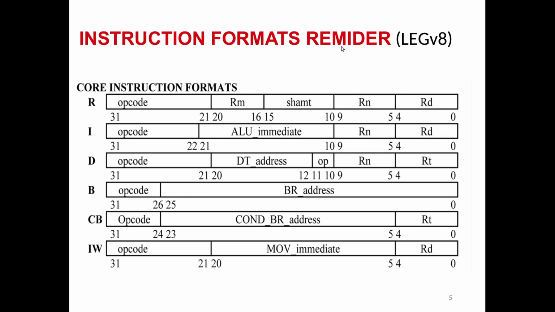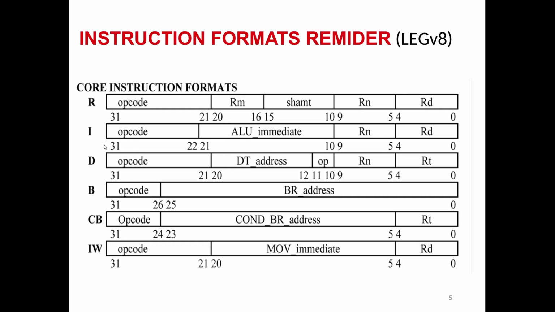Here is a reminder about what we did last time, and this table comes from LEGv8. The core instruction formats. You can see that we have a number of instruction formats.